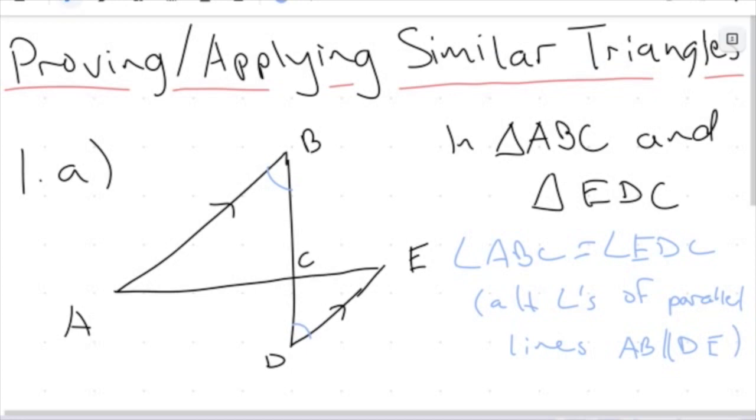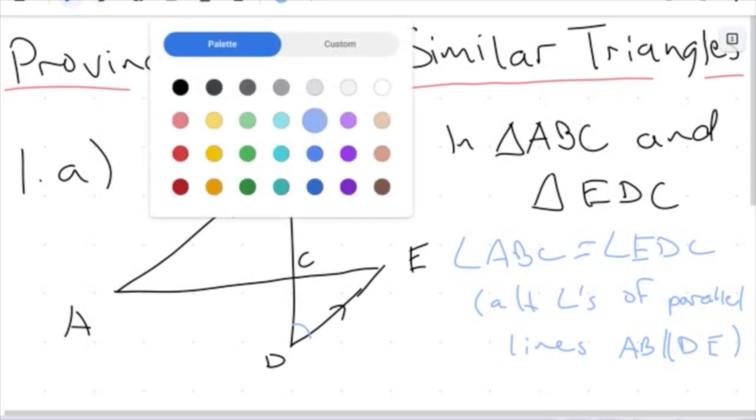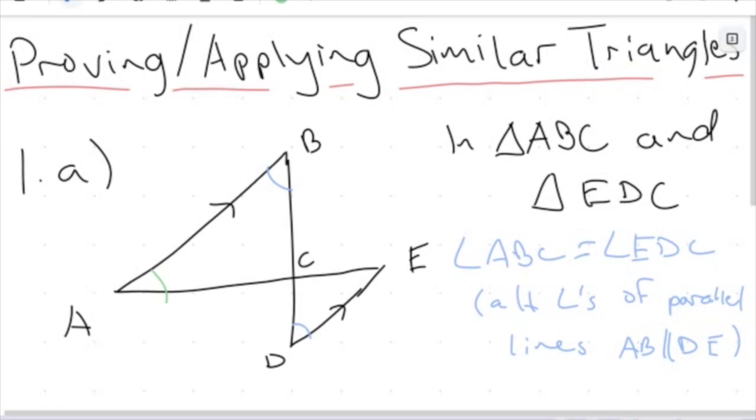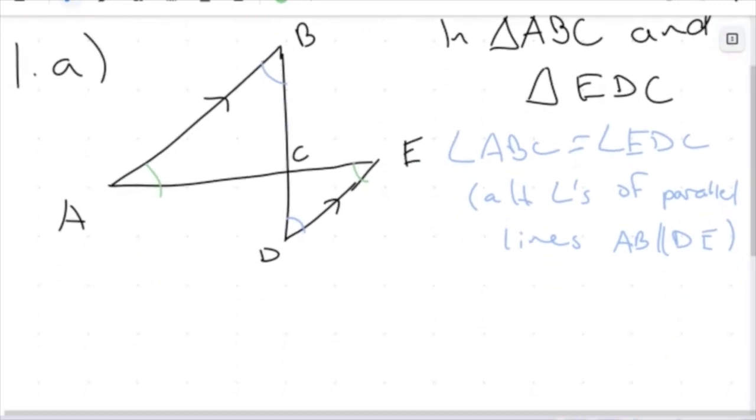Okay, so that's one reason. We have a pair of alternate angles, but we have another pair here of alternate angles. So I can say that the angle BAC is equal to DEC.